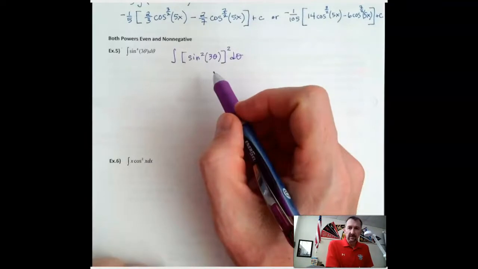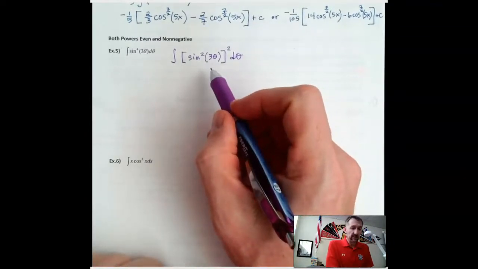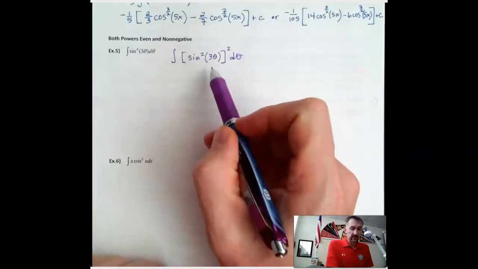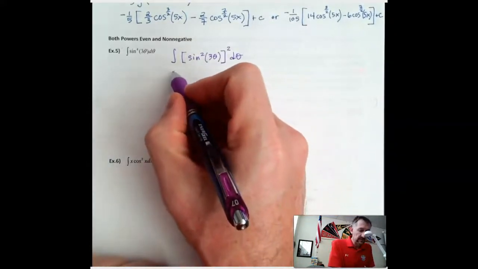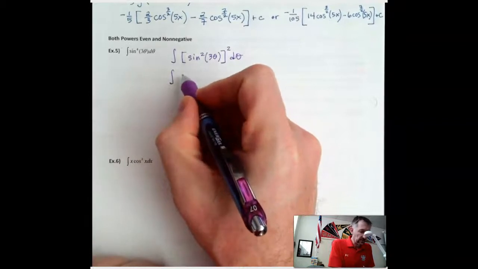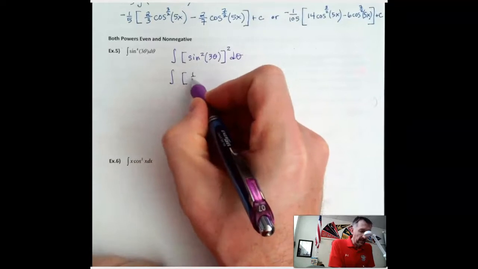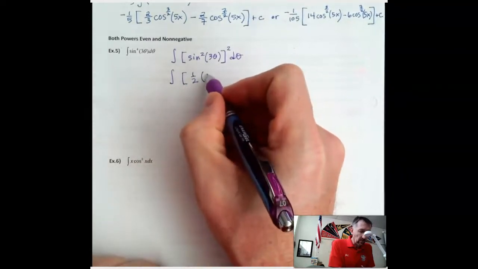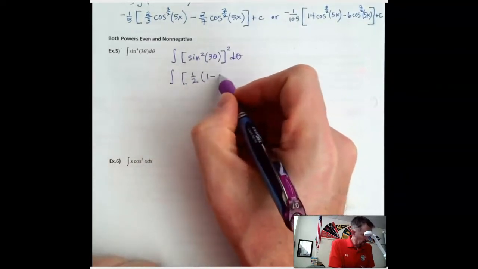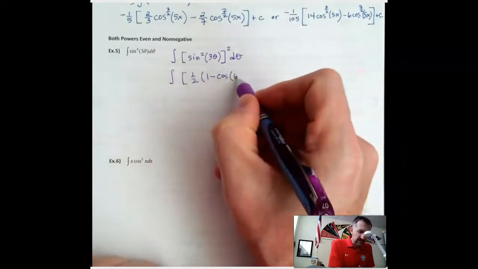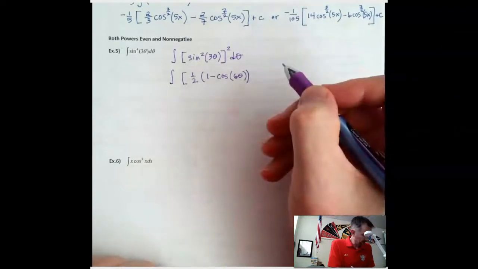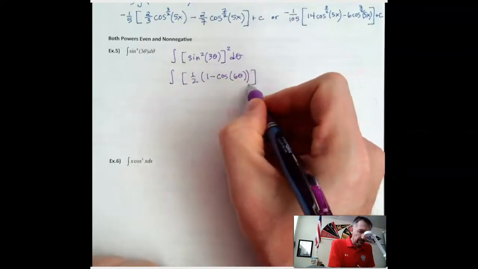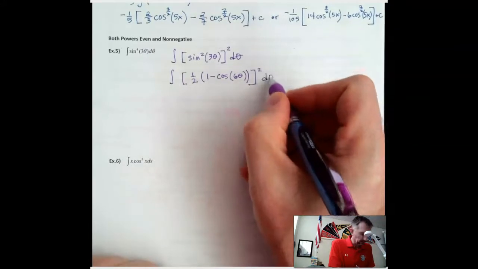So the pattern on this is similar to the double angle formula. It's double the angle, half the coefficient to switch this. So that's going to be 1/2 times 1 minus cosine 6 theta in this case, and that's squared.